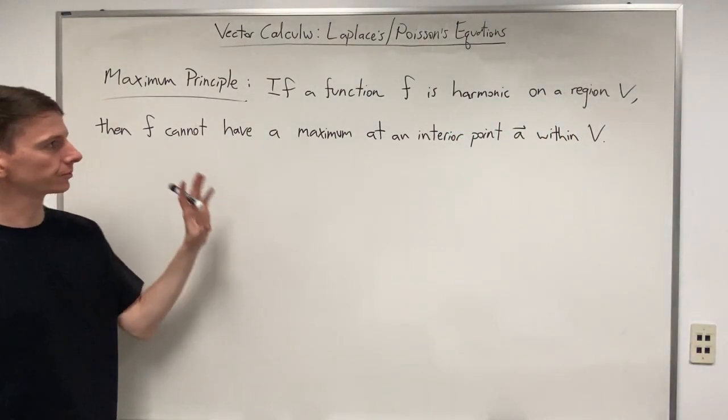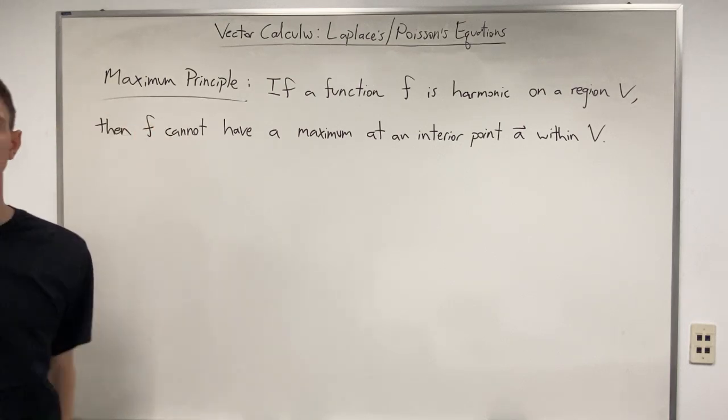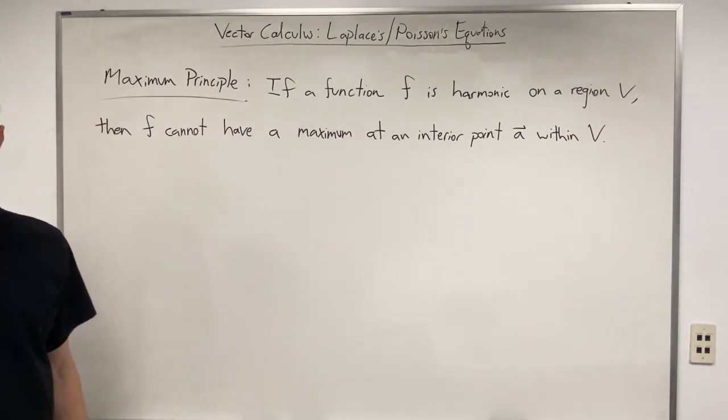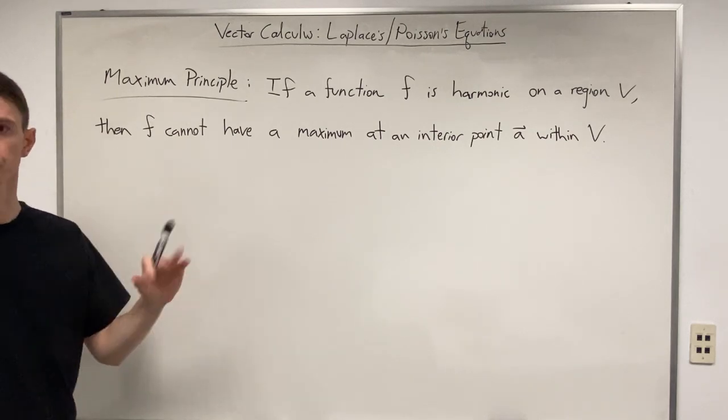Okay, so we have something here called the maximum principle. This is the second of the two properties we're going to look at for harmonic functions. So let's go through it together.